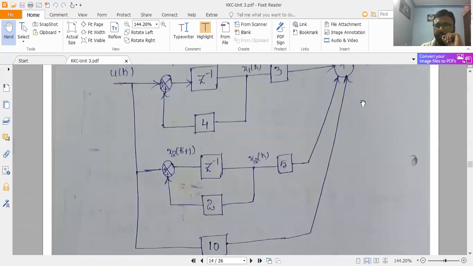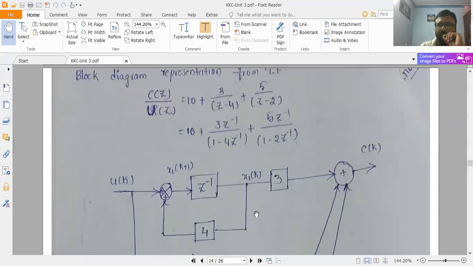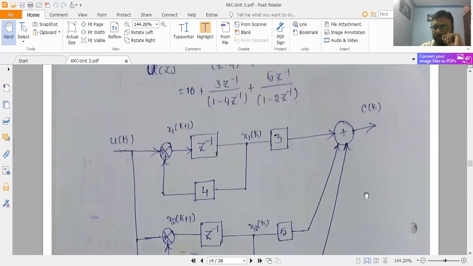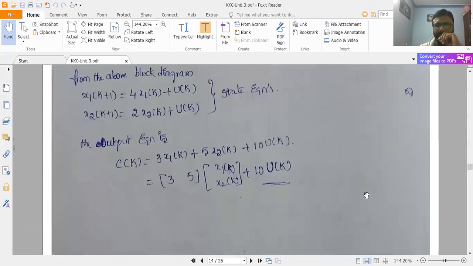Therefore c of k is 3 into x1 of k plus 5 into x2 of k plus 10 into u of k. These are the values and these are the state equations. This is just comparing with the given statement of the problem.